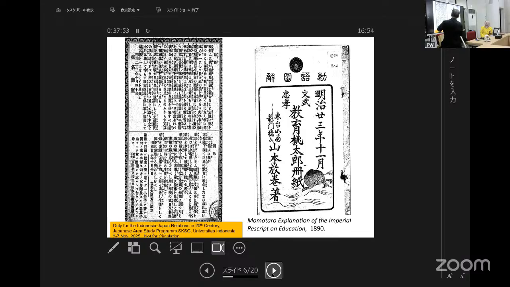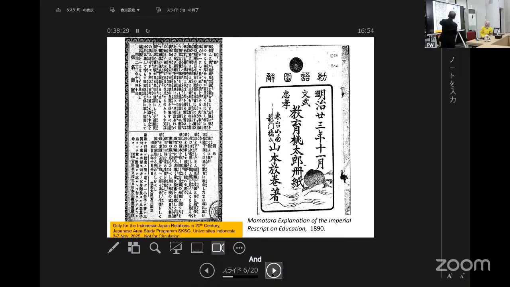To use the Momotaro story, a traditional old folk tale, and try to explain and spread the national concept of how the Japanese government and the Emperor of Japan tried to establish the new nation of the Japanese Empire.